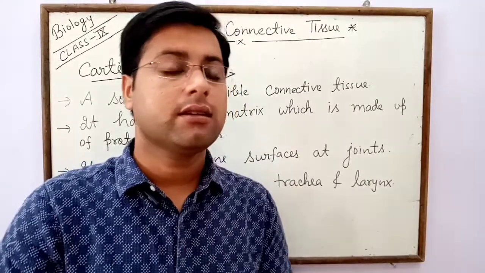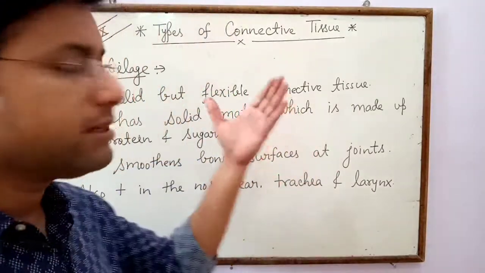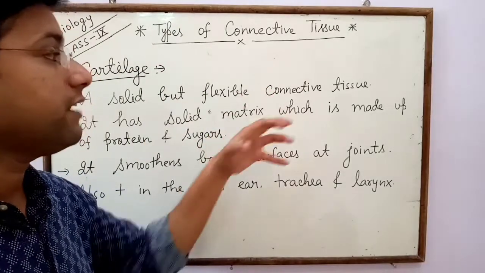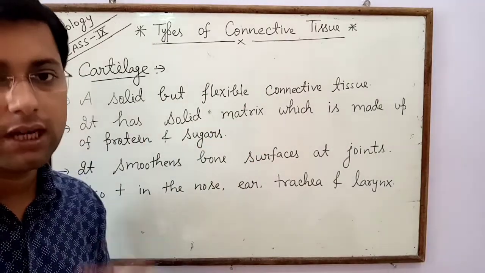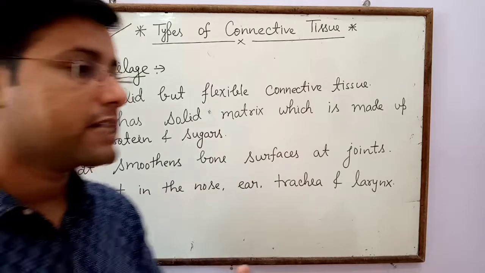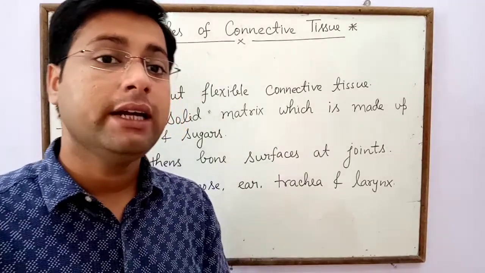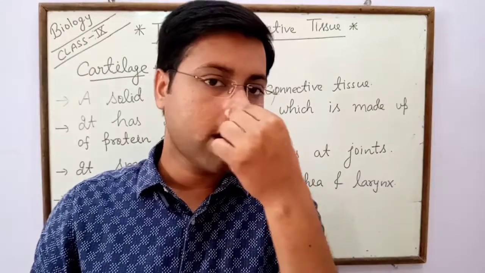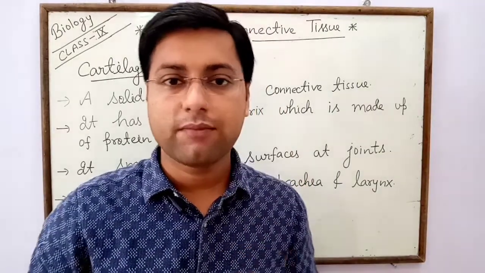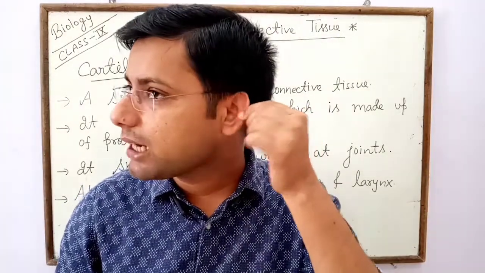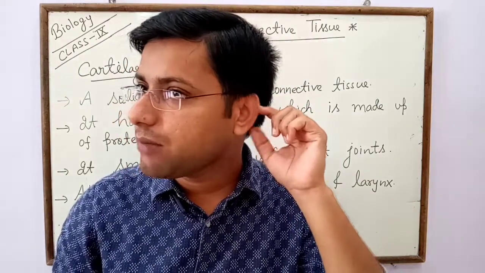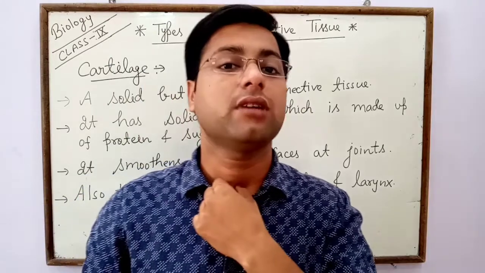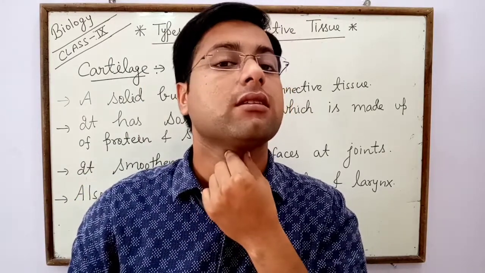Now next is cartilage. Cartilage is a type of connective tissue. It is solid but flexible connective tissue, and cartilage is present in our nose. The outer part of our nose is made up of cartilage, the outer part of our ear is made up of cartilage, and the trachea is made up of rings of cartilage, as well as the larynx.